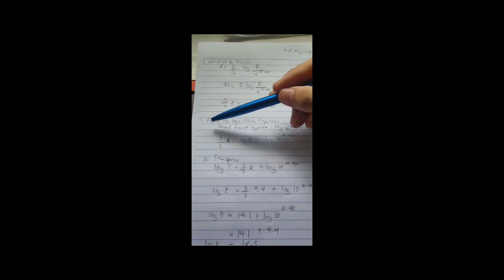The second step is to expand the logarithmic expression. Here we use the second law of logarithms, which is the logarithm of u over v with the base of b is equal to the logarithm of u to the base of b minus the logarithm of v to the base of b.